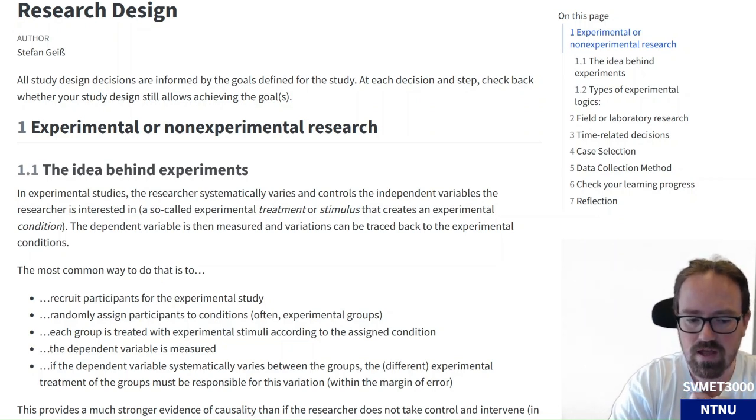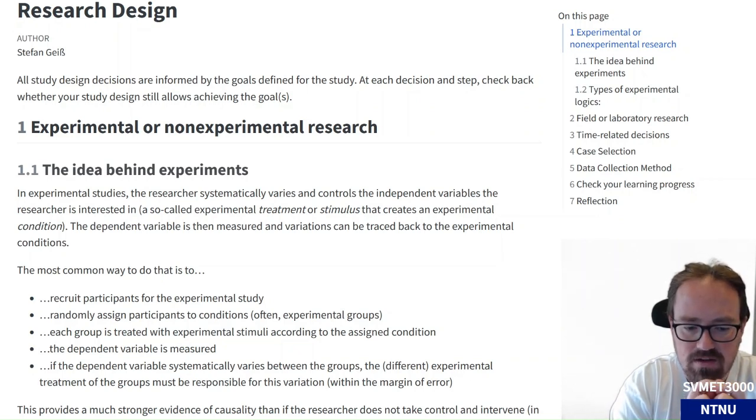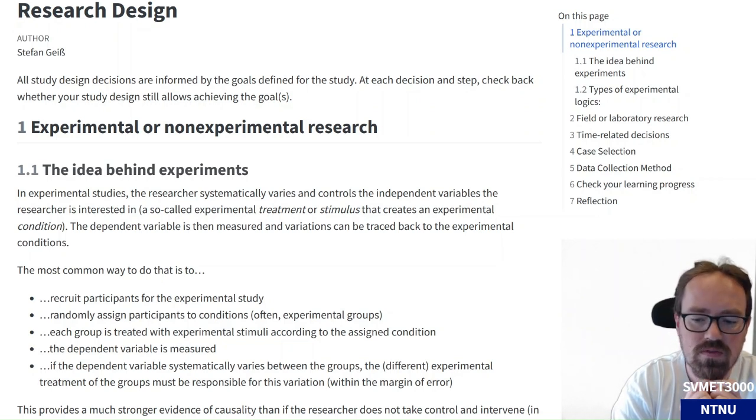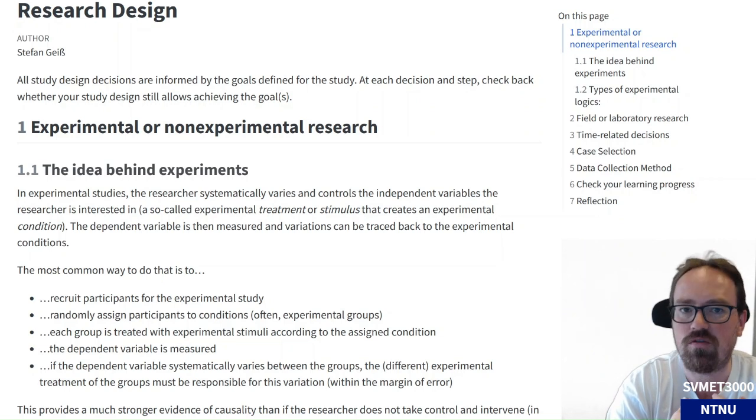Only then, after applying the treatment, the dependent variable is measured. And if that dependent variable systematically varies between the groups, the different experimental treatment of the groups must be responsible for the variation, of course, within the statistical margin of error that we can compute.